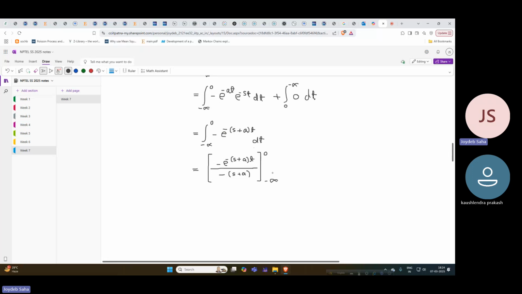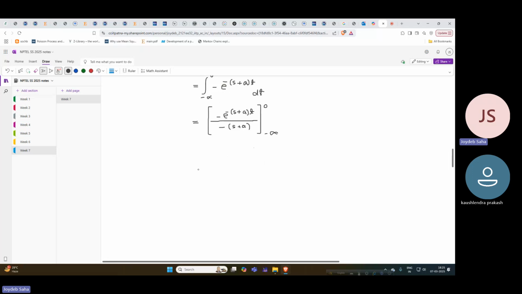Is this clear? This is simply the integral from minus infinity to 0 of minus e to the power minus (s plus a)t dt, which is equal to, by simple integration, minus e to the power minus (s plus a)t divided by minus (s plus a). Okay, and the limit is minus infinity to 0. So let us write it. This is nothing but 1 upon s plus a.